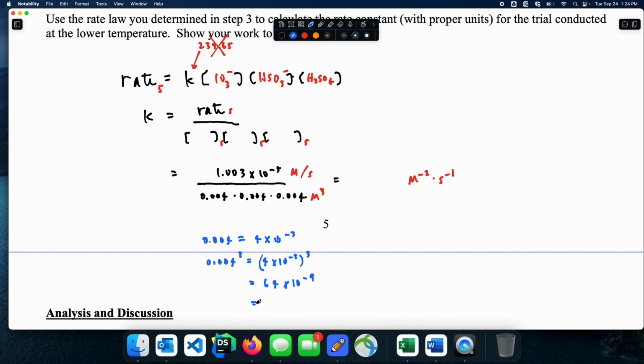Okay, which is equal to 6.4 times 10 to the minus 8. Right? Because if this number gets smaller, that number is going to get bigger.